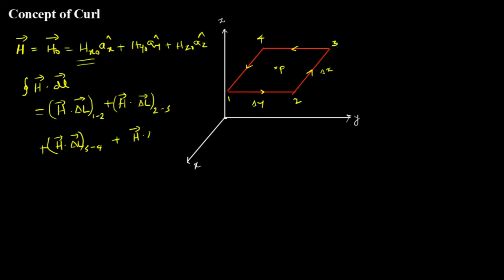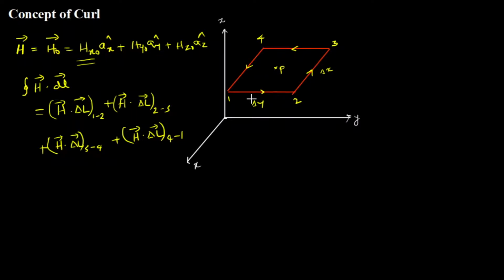Okay, so if I evaluate this section-wise and then add them, I will get the total value over the closed line, closed path, right? This plus this plus this plus this will give me the closed path.